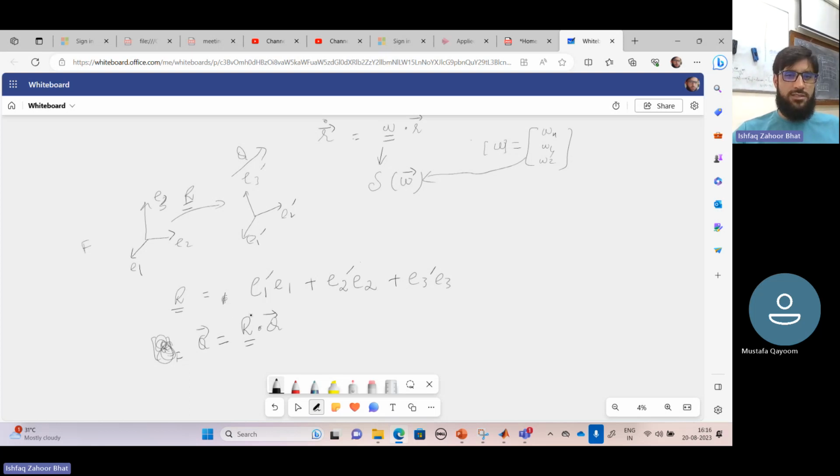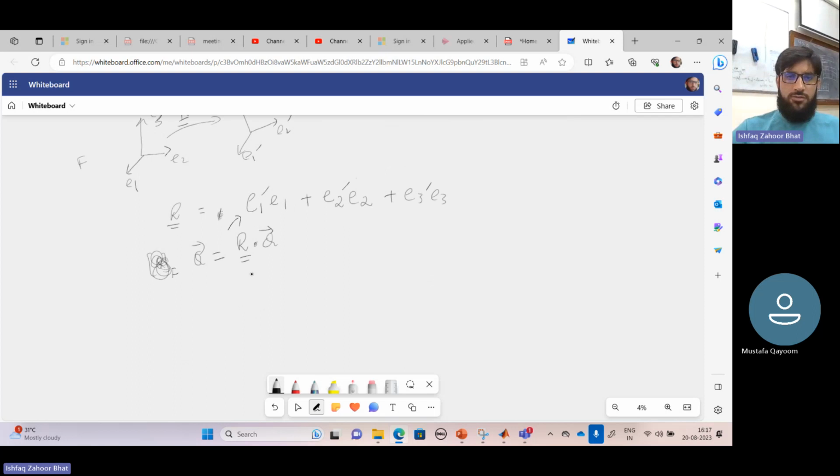It is a tensor, and this tensor is this. I had put the vectors side by side. If I take the dot product with Q, basically it will be E1 dash E1 plus E2 dash E2 plus E3 dash E3 dot Q.